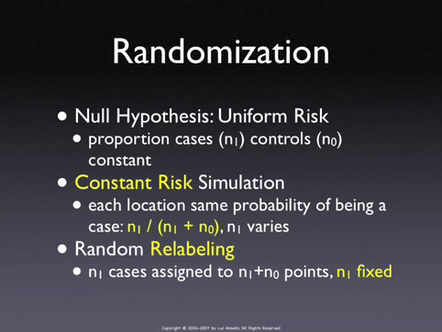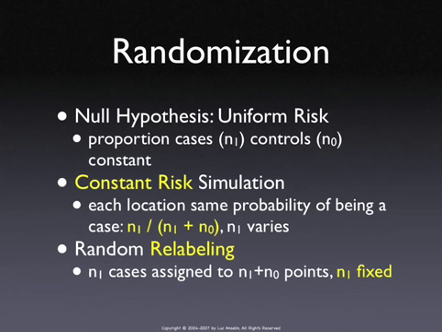If you throw 6,000 times, the proportion will start to approach 1/6. But if you do a smaller number, sometimes it will be 1, sometimes it will be 2, sometimes it will be none. That's the same thing here, even though the proportion is fixed. The actual risk is uniform. So that's one way of simulating randomness. The other way of simulating randomness respects the total number of cases.